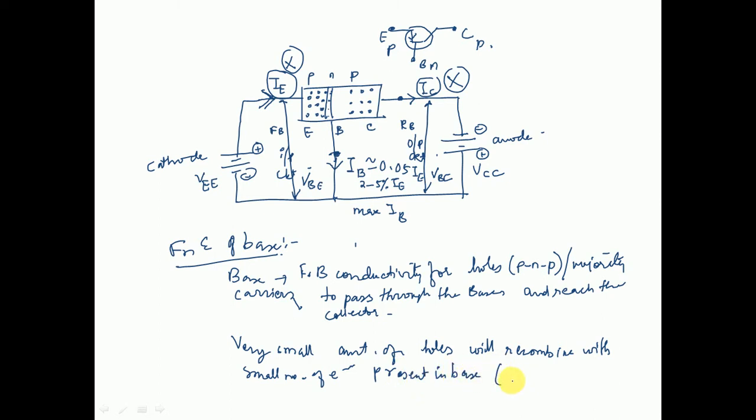Because of low doping. The base is very lightly doped. So a very small amount of holes will recombine with the small number of electrons present because of the low doping, and this phenomenon leads to the flow of a small current IB, which is 0.05 of IE or 2 to 5% of IE.